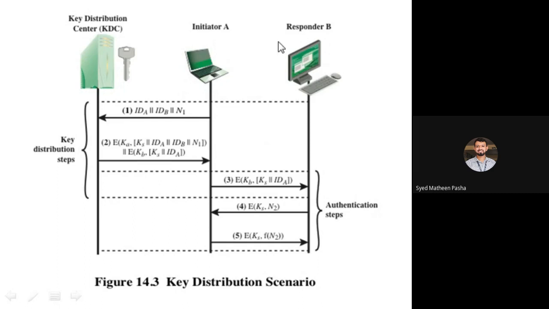What next? Now the key is with responder B. The responder B should work with respect to the number of keys initiated in responder B. So that is happening in the fourth step. That key is again encrypted so that it can communicate with initiator A again. Now, once the key is provided from initiator A, the encryption part happens.